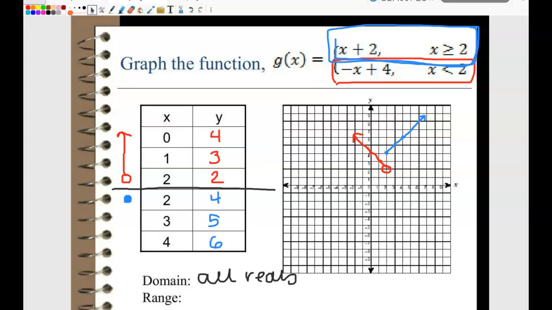So my range is going to get really, really close to 2. Does it equal 2? Is the point at 2 open or closed? Open. Therefore, it does not equal 2. So your range is y greater than 2.